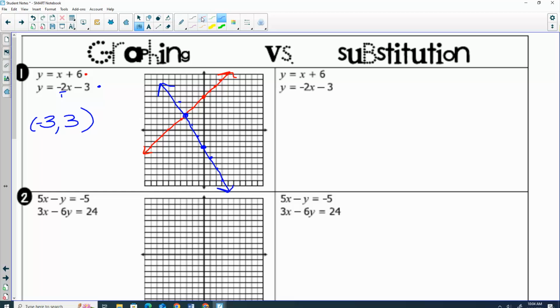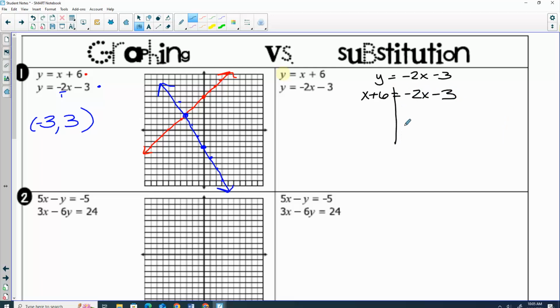To solve by substitution, we start. The first equation is already y equals, so let's start there. I'm going to go to my second equation, and I'm replacing y with what it's equal to. So the first equation tells me y is x plus 6. So I replace my y with an x plus 6. Then we solve this.